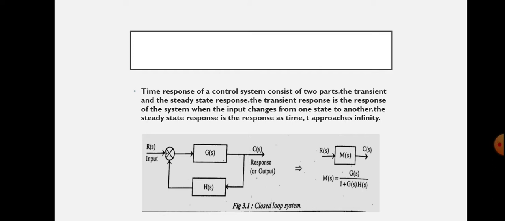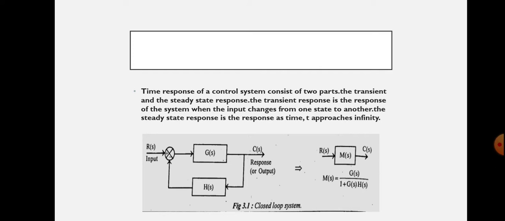And the time response of a control system consists of two parts, and that is the transient response and steady state response. We know that the transient response is the response of the system when the input changes from one state to another, so its behavior is unpredictable, and the steady state response is the response as time t approaches infinity.